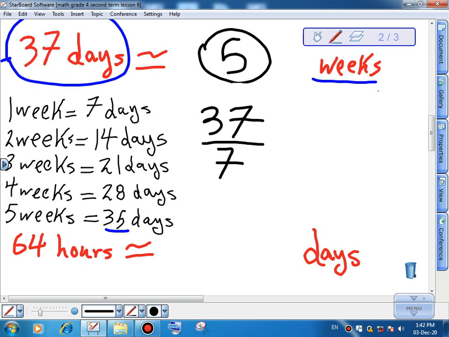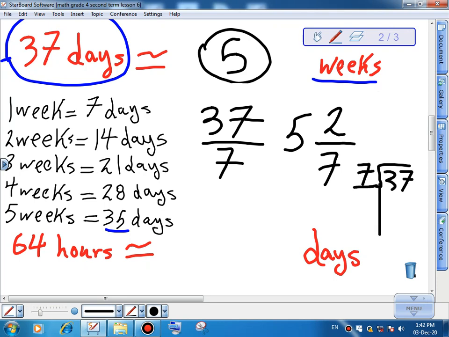Remember, I need to approximate, so I convert this fraction to an improper fraction. 37 divided by 7 will be 5 and remain 2 days of the week.